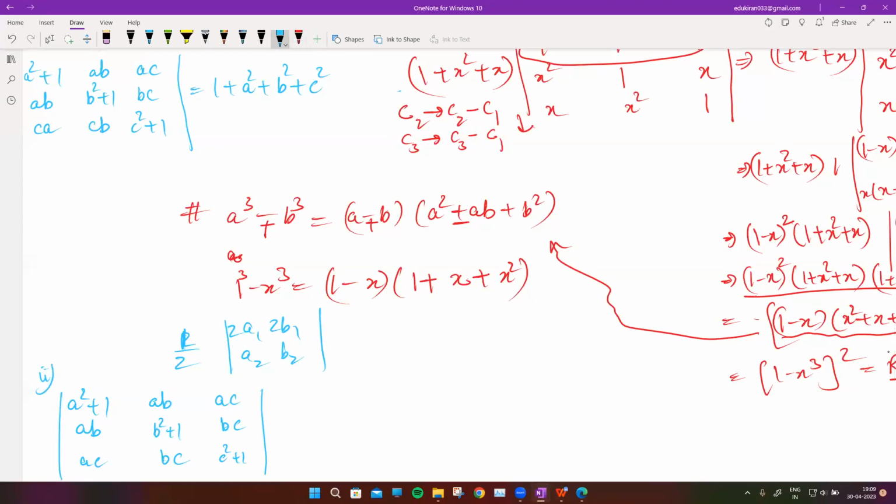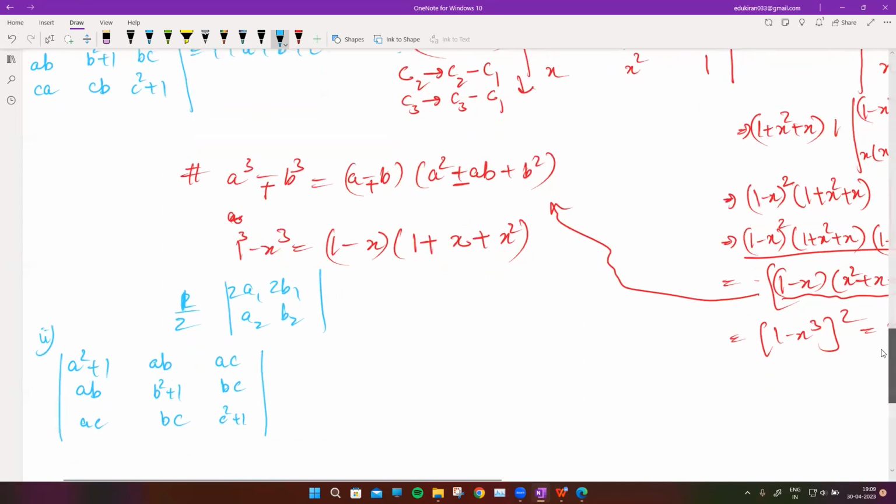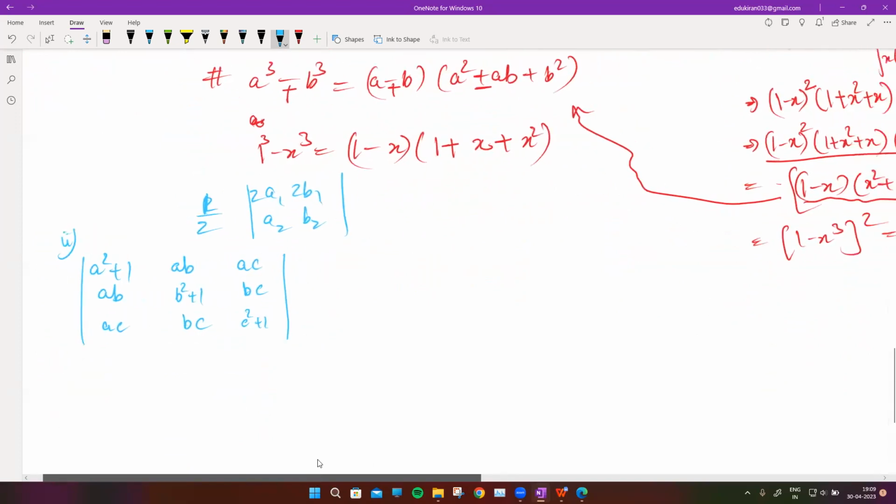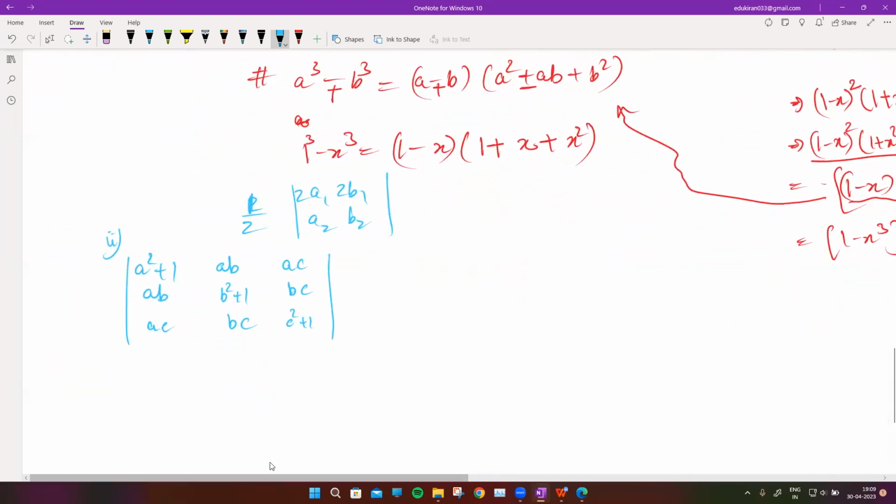Yes, solving second. So in the second question, I'm changing C1 to a times C1, the whole of C2 to b times C2, and C3 to c times C3.